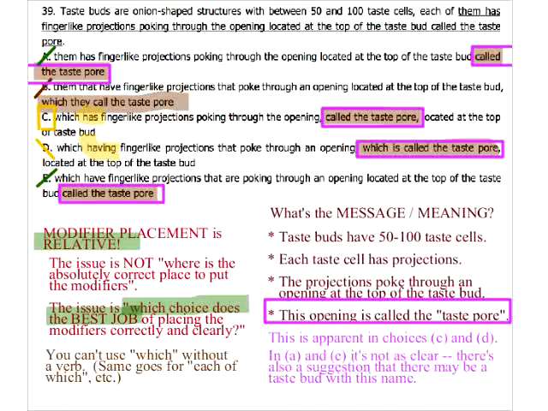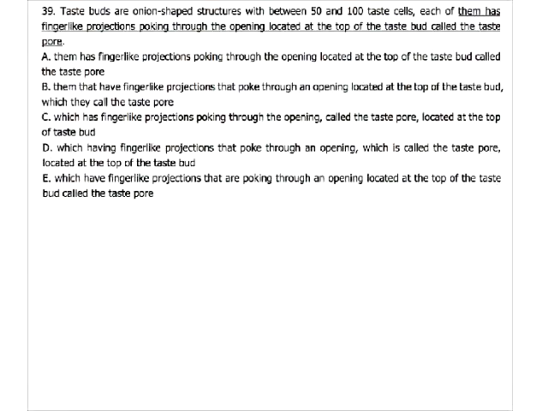So, but let's talk about each of which and each of them real quick, and then we'll call it a day here. So here's the same problem. Watch out for run-on sentences.